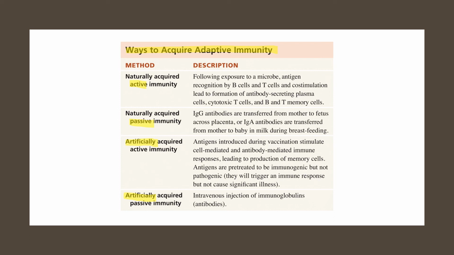Passive is by the transfer of antibodies. So naturally acquired passive immunity would be the transfer of antibodies from mother to fetus across the placenta. Whereas if we're artificially acquiring passive immunity, this is going to be an IV injection of antibodies.